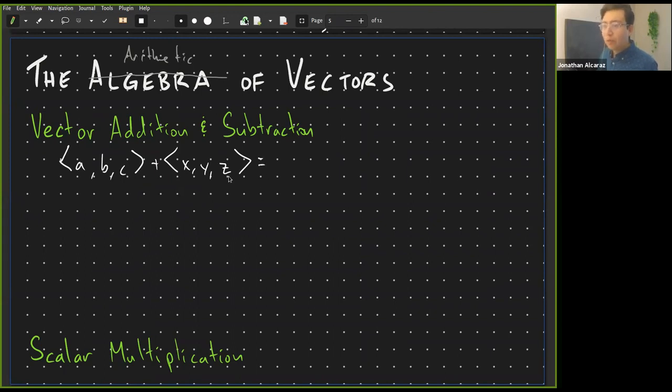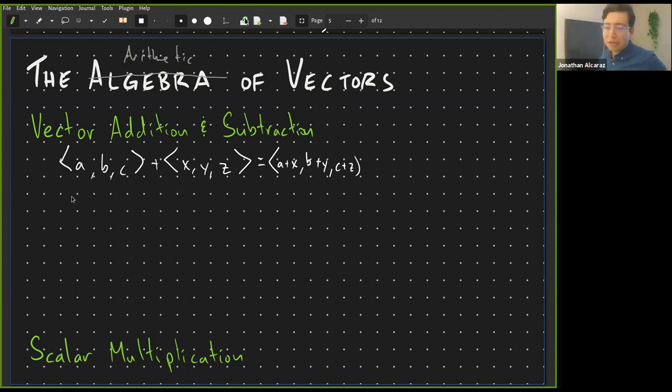Okay. Then the way we add these together is we just add together all of the coordinates. So this is a plus x, b plus y, and c plus z. The way I picture this is I'm putting these two ordered triples on top of each other, and then I'm adding each of these coordinates together. 1, 2, 3, boom.